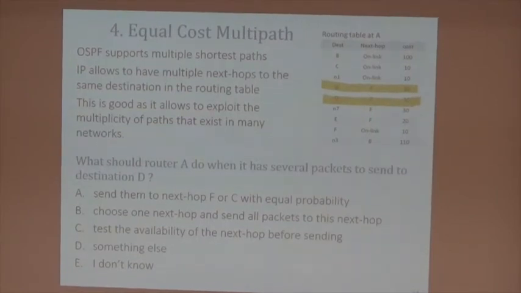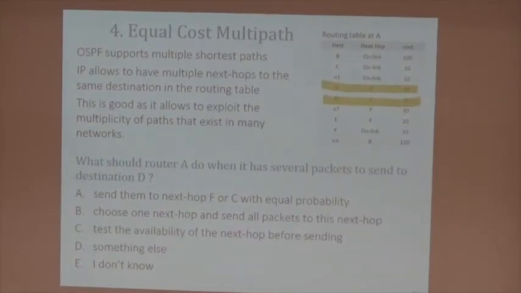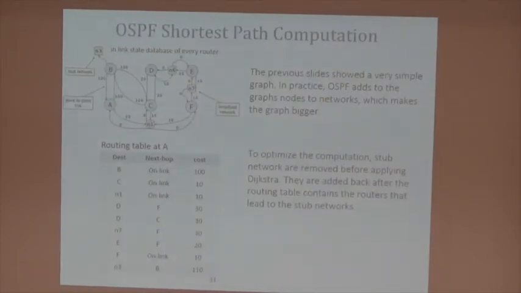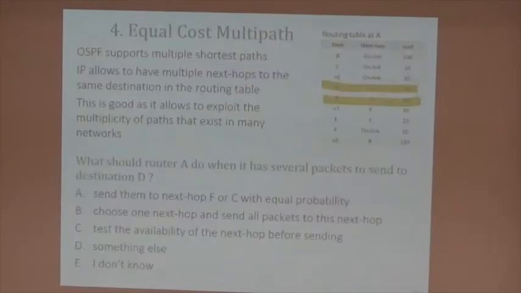Yes? Open connections. Open connections. But A is a router. A is somewhere more precise. A is a router, right? Sending traffic to D. A does not open a connection to D. It's the source of traffic that opens a connection to something that may be D or a network attached to D. So that is not possible.